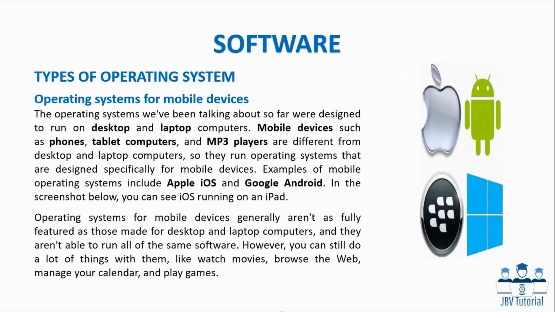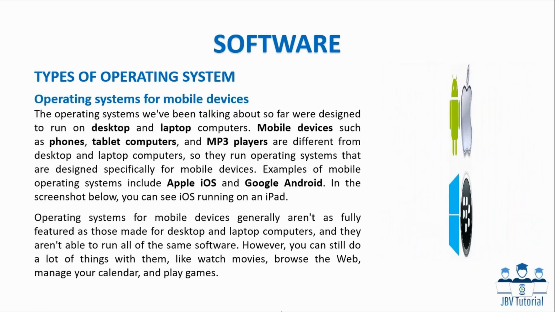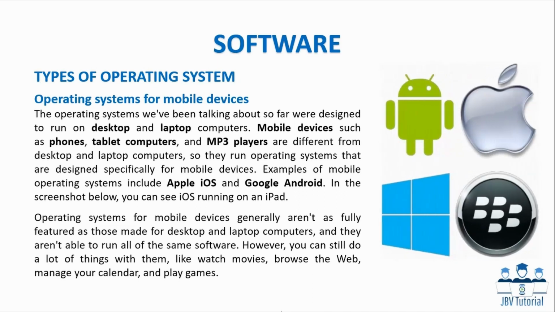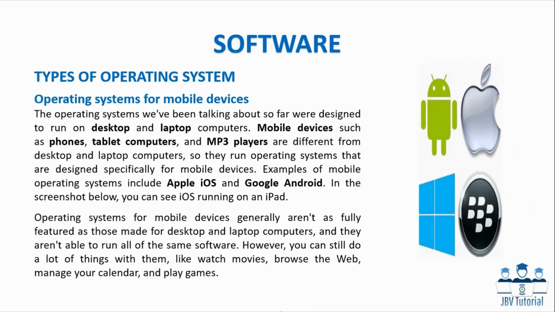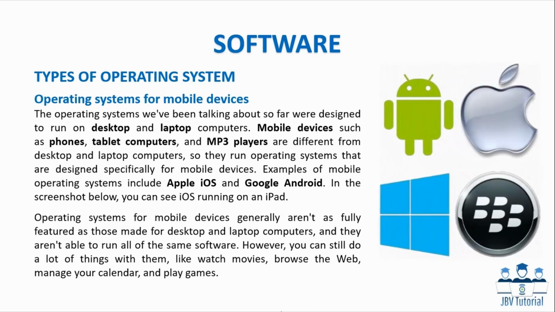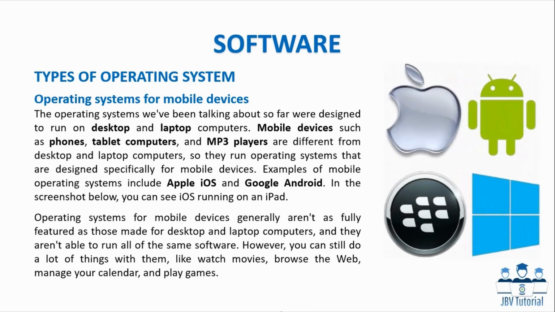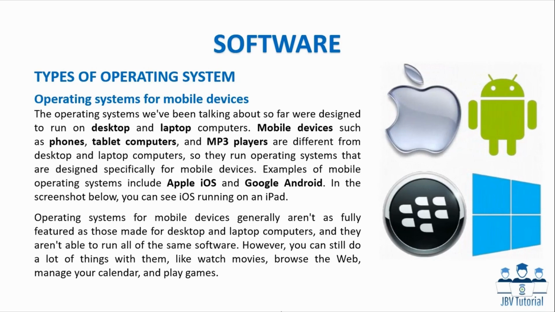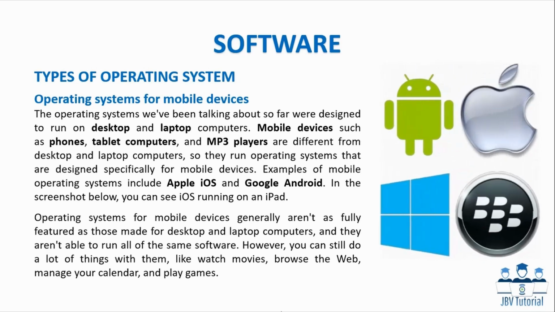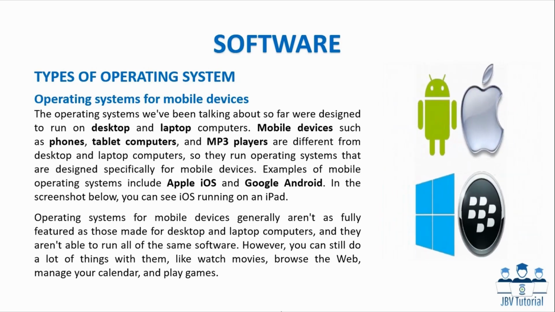The operating systems we've been talking about so far were designed to run on desktop and laptop computers. Mobile devices such as phones, tablet computers, and MP3 players are different from desktop and laptop computers, so they run operating systems that are designed specifically for mobile devices. Examples of mobile operating systems include Apple iOS and Google Android.